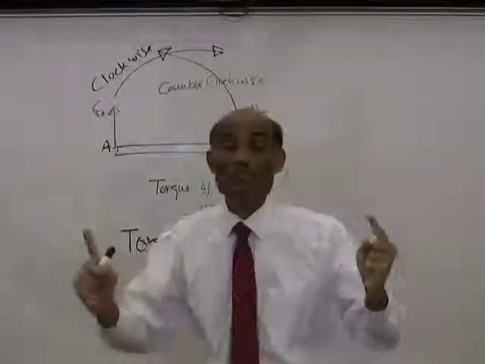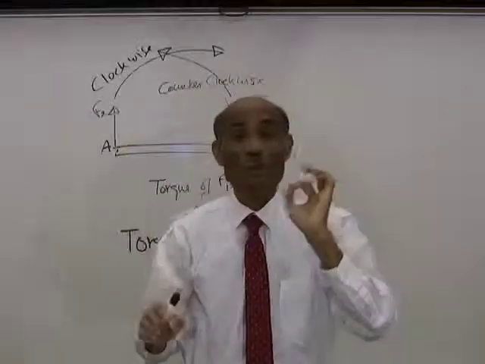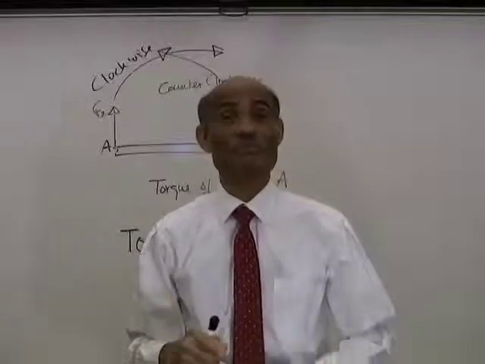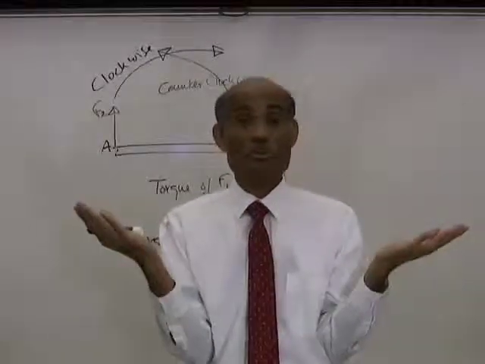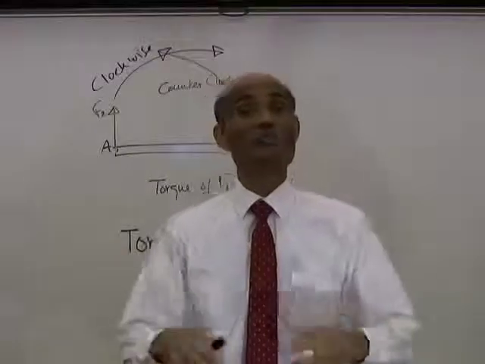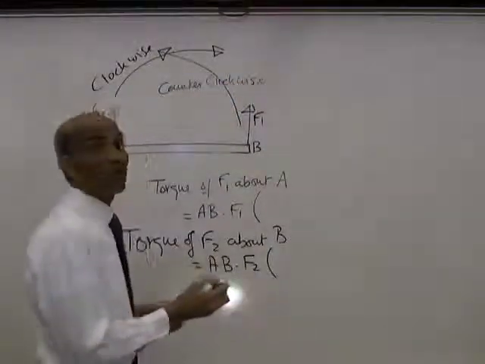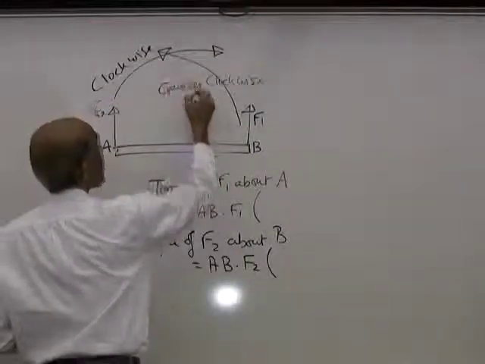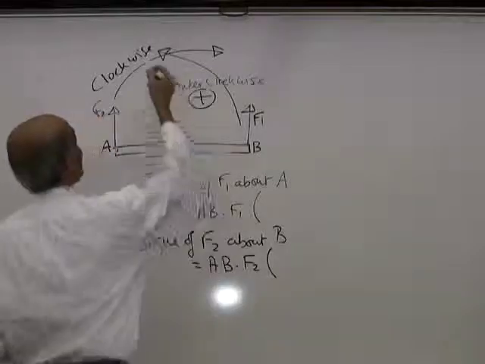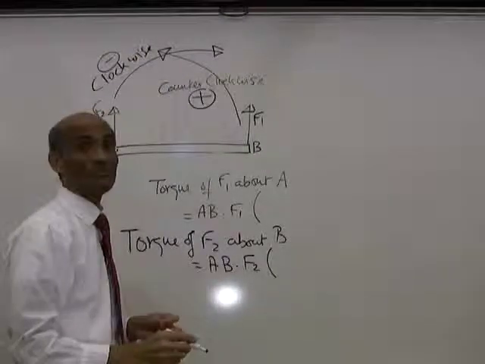That means these two torques oppose each other. So if one is positive, the other will be negative. We can choose which torque you want to call positive and which you want to call negative. Now for convenience, we're going to call the counterclockwise torque positive and the clockwise torque negative.